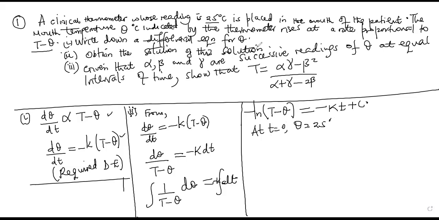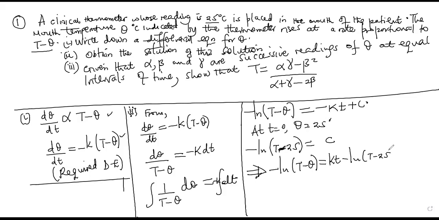When time is 0, we have negative ln T minus 25, because theta is 25, equal to c, because the whole of this is 0, so 0 plus c, which is c. Then if we substitute, we shall have negative ln T minus theta equal to negative kt plus c, which is minus ln T minus 25, right?